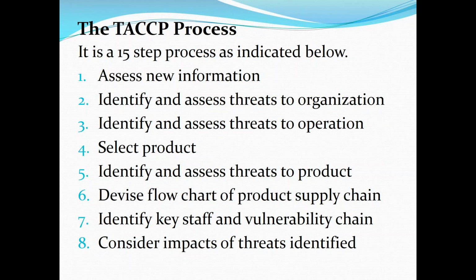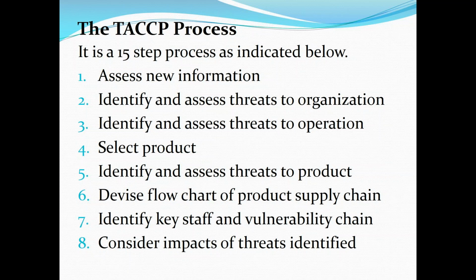You need to pay special attention to less transparent parts of the supply chain. Basically, you're going to identify the threats from several sources, similar to identifying hazards in your process steps. What threats can come from step A, step B, step C, things like that. That is what you're doing in step 6.